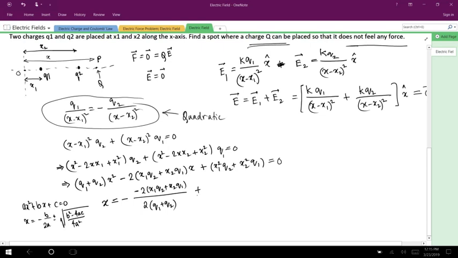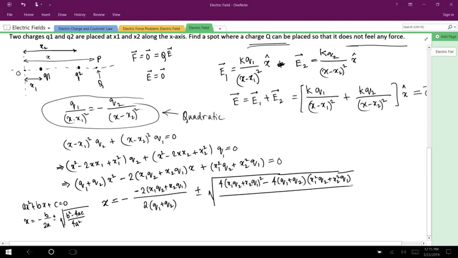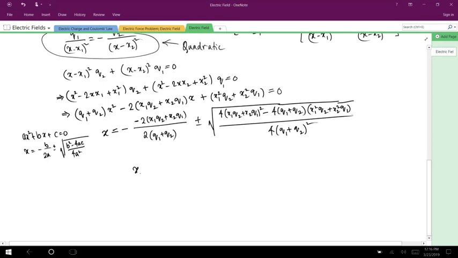And then we have plus or minus square root of b squared, so that's 4 times (x1 q2 plus x2 q1) squared, minus 4a times c, so that is 4 times (q1 plus q2) times (x1 squared q2 plus x2 squared q1), divided by 4 times (q1 plus q2) squared. Okay, so here we can simplify this answer a little bit and write x equals, the 2's will cancel, the negative signs will cancel.